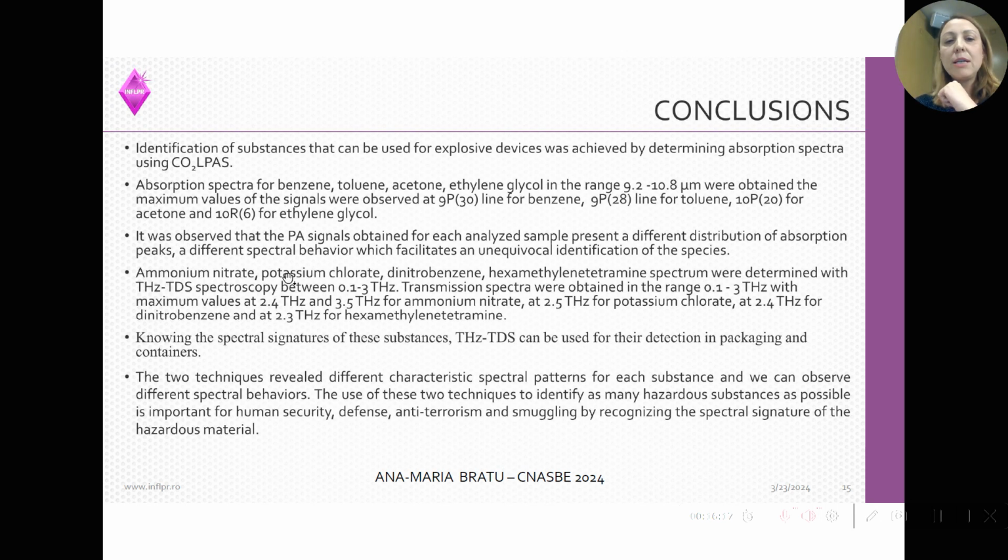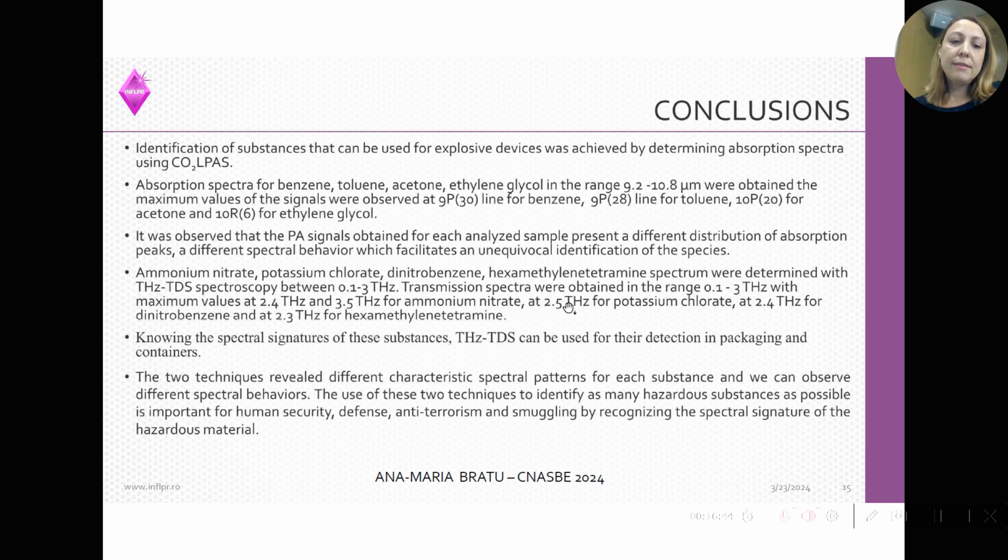Ammonium nitrate, potassium chloride, nitrobenzene, and hexamethylene tetramine were identified in the terahertz region. This terahertz time domain spectroscopy can be used for detection of these substances in packaging or containers.